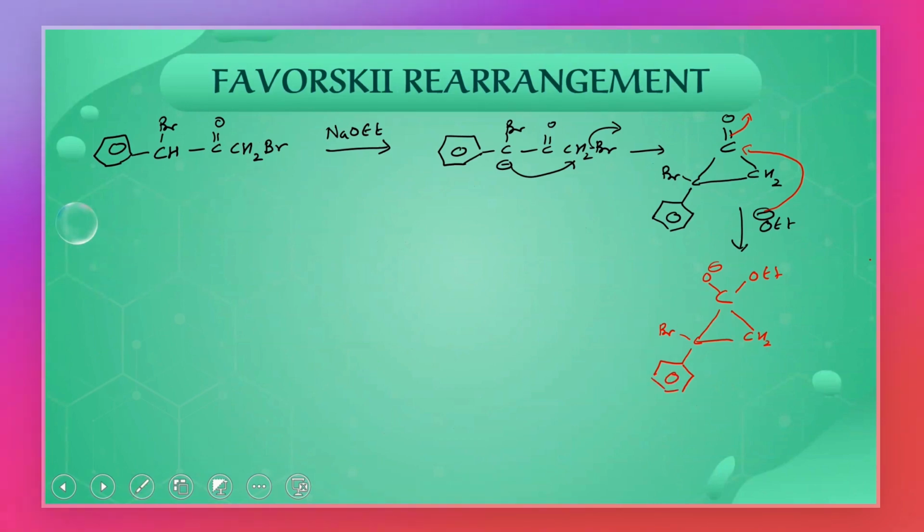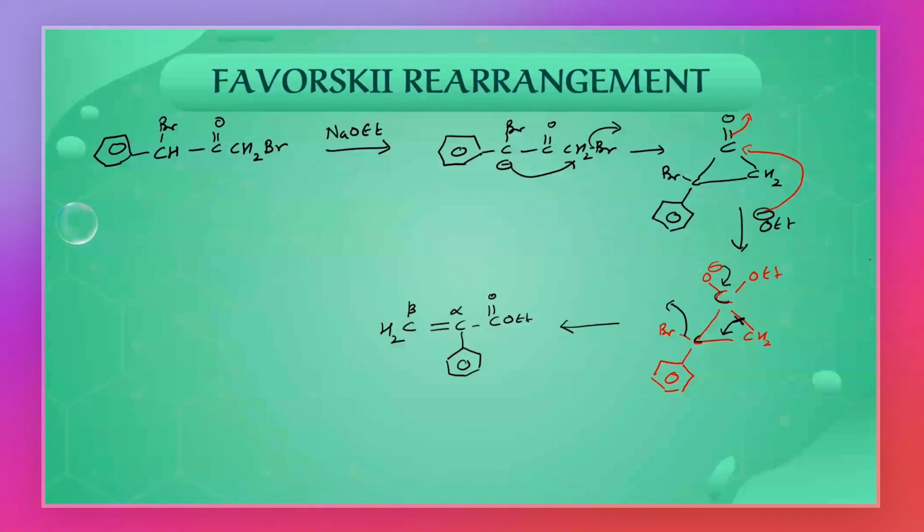So as I told already, when this O minus reverts back, the shifting of bond is such a way to eliminate the Br. So I have COOEt, and since this bond has cleaved, the carbon is attached to the carbon containing phenyl. You have the double bond, and you have the CH2. You can see I get an alkene, here also I get the alpha beta unsaturated ester, but I get a totally different ester.